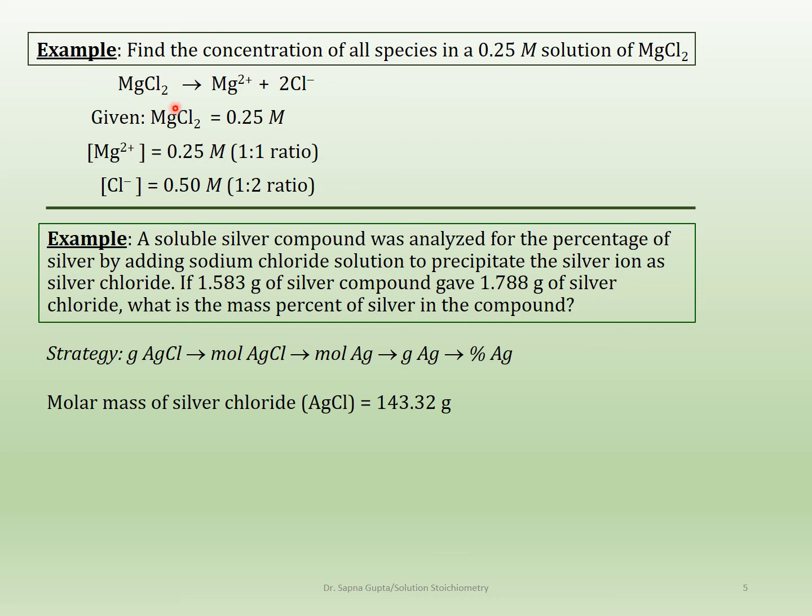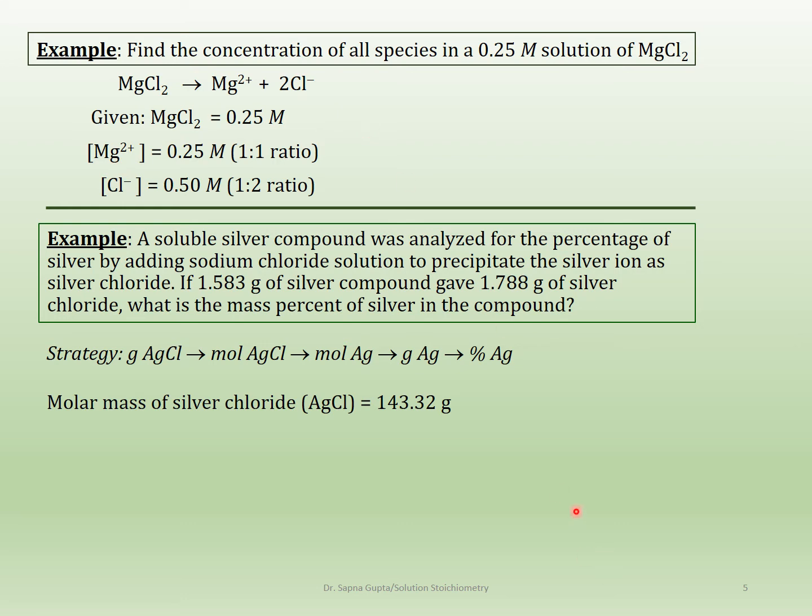If the concentration of magnesium chloride is 0.25 molar, 2 chloride ions will have double that amount, because here the molar ratio is 1:2, and so it ends up being 0.50 molar of chloride ions. It might seem a little weird to you. You might think, how is the concentration changed? It's not changed. It's still the same. But the thing is that the number of chloride ions you have in there is double what magnesium ions are in there. So keep it simple.